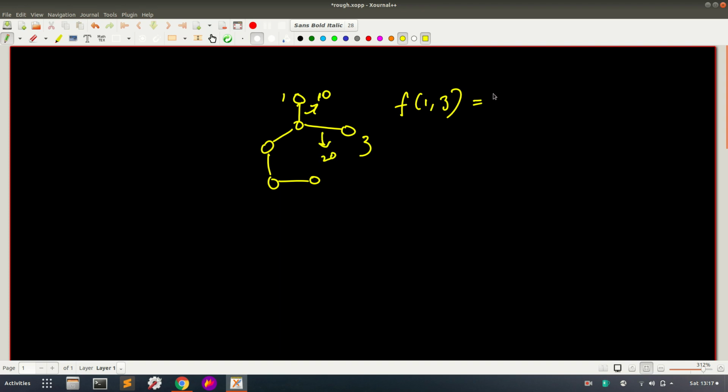So f of 1 comma 3 is going to be equal to 10 plus 20, that is 30. Now the distribution index is nothing but the sum of all the possible f values over distinct pairs. So we'll consider all the paths that are there, find the f values, and then sum them up.